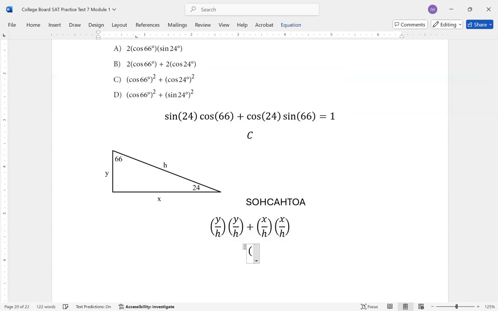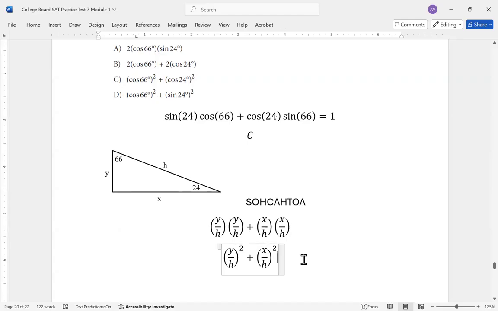And that's the same thing as y over h quantity squared plus x over h quantity squared. Well, what's y over h? Cosine of 66 is y over h.